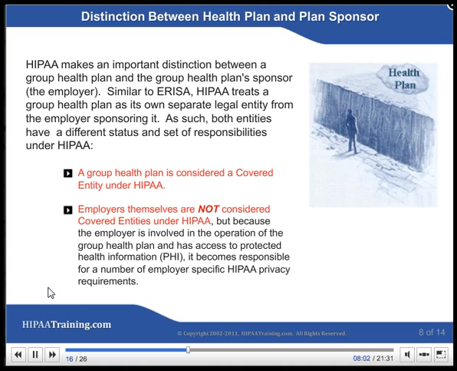A group health plan is considered a covered entity under HIPAA. Employers themselves are not considered covered entities under HIPAA, but because the employer is involved in the operation of the group health plan and has access to protected health information, PHI, it becomes responsible for a number of employer-specific HIPAA privacy requirements.